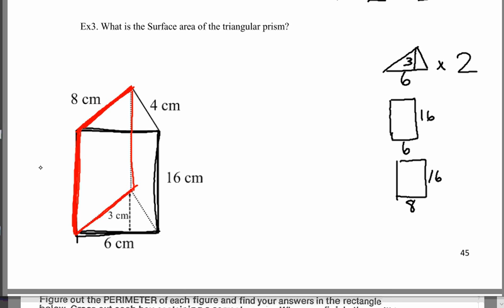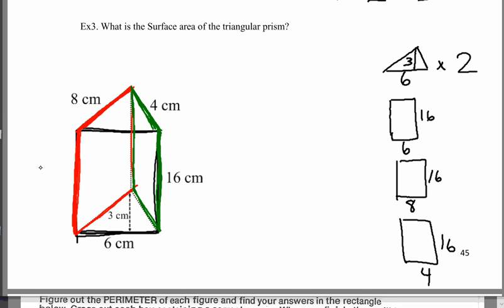Now, what's the third rectangle? Well, again, you need to stop and think a bit. This is why the sketching and organizing is so important. The back right side of this sketch, there's the other rectangle. It has a width of 4 and the height of 16. So we're looking at another rectangle that's 4 by 16.